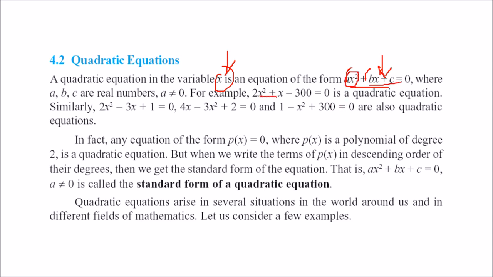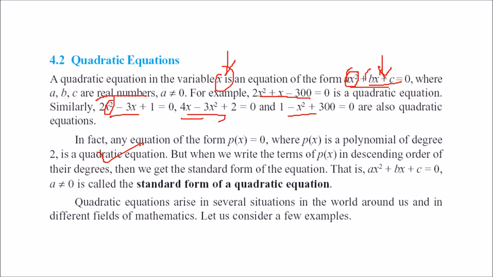Any equation with degree 2 is known as a quadratic equation, and traditionally we follow the descending order.